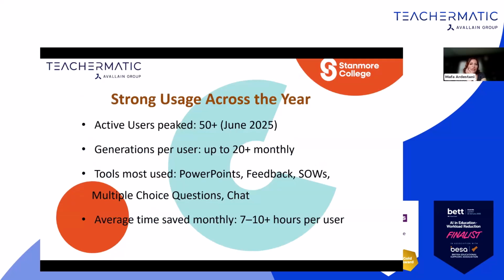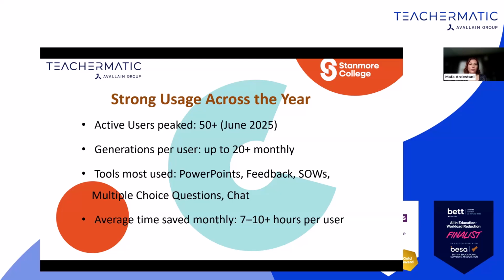So our usage data shows continuous and healthy engagement throughout the year. We had over 50 active users by June 2025, and on average, each user generated more than 20 resources per month. The most popular tools were PowerPoint generators, feedback generators, schema work, and multiple choice quiz generators.